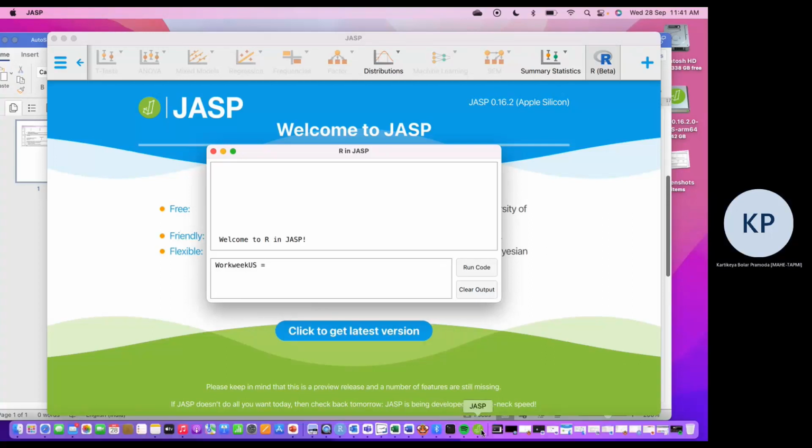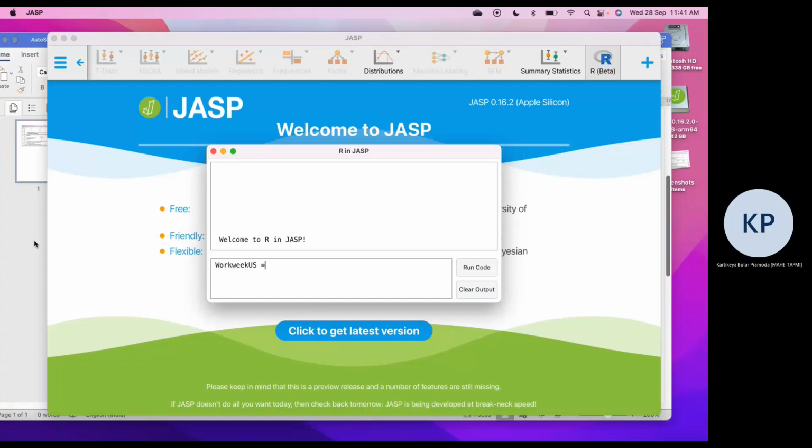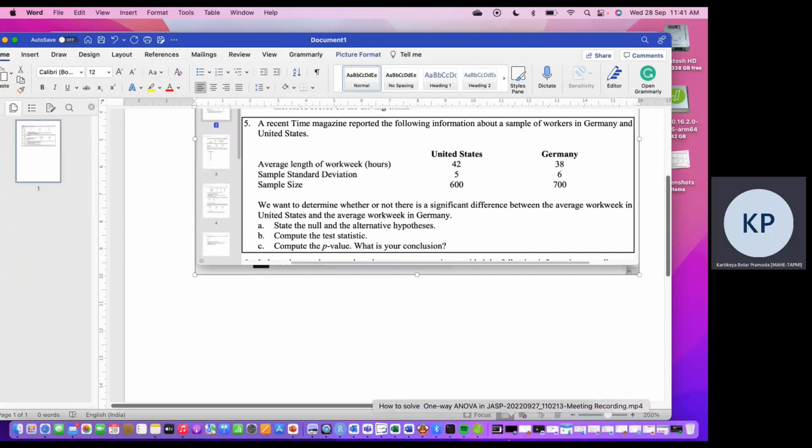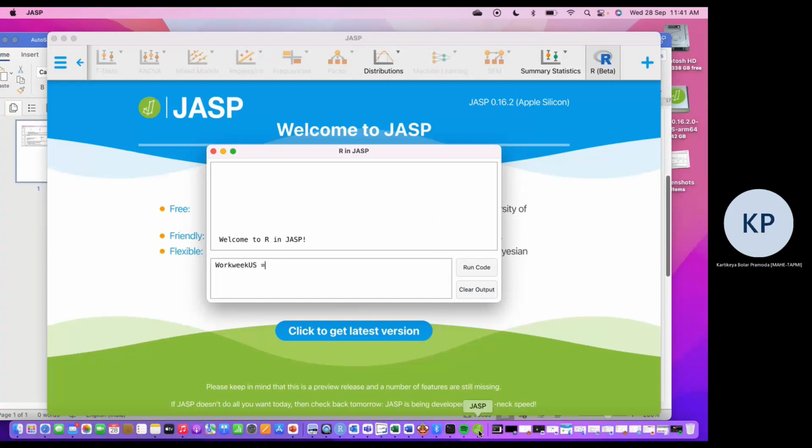Once again, it is 42, 5, and 600. So 42 plus 5 into scale, rnorm, 600.